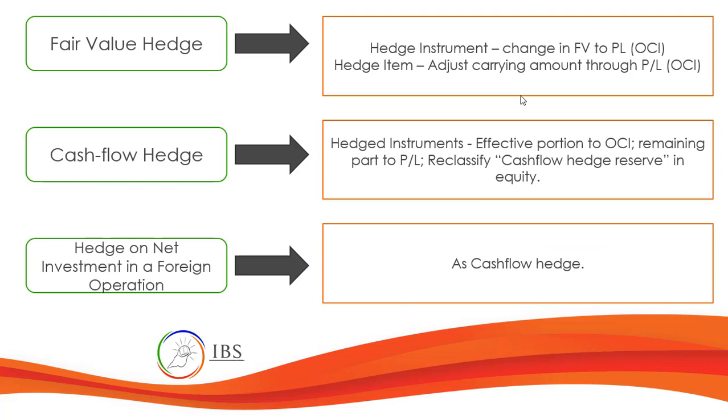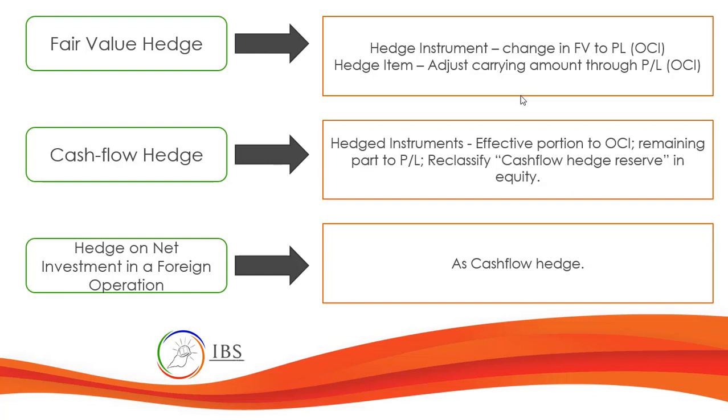Okay, under fair value hedge, the hedge instrument, or the tool to reduce the risk, any change on it will be under fair value through profit or loss. And then hedge item, adjust carrying amount through profit or loss or OCI.